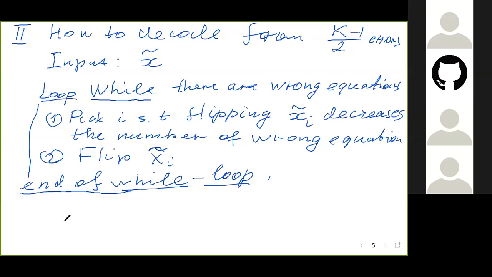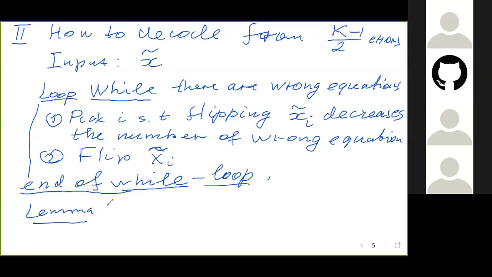Now, first, let's show that such A exists, at least on the first step. Actually, to prove that such A exists, let's see what we will need, but let's show that at least it exists on the first step.